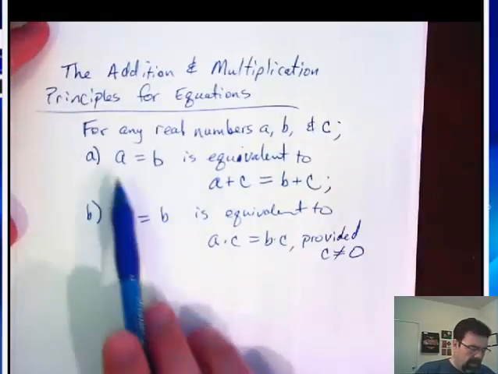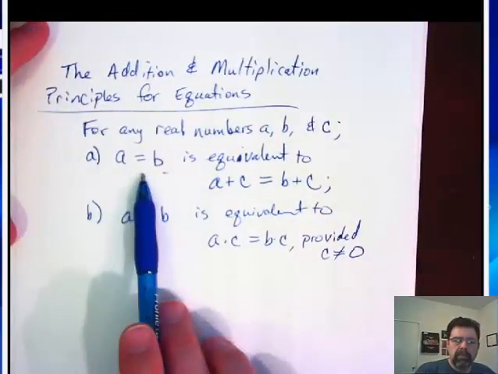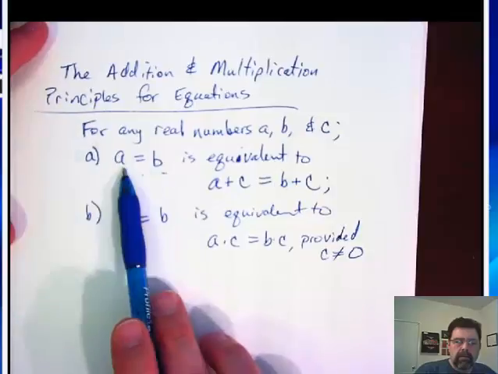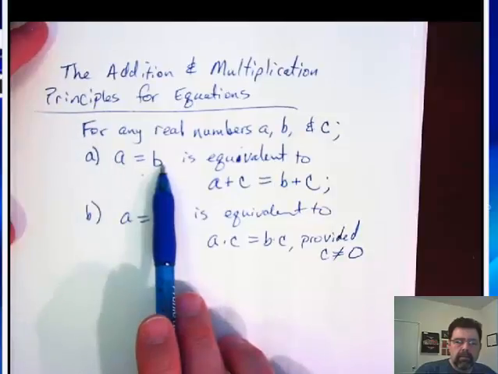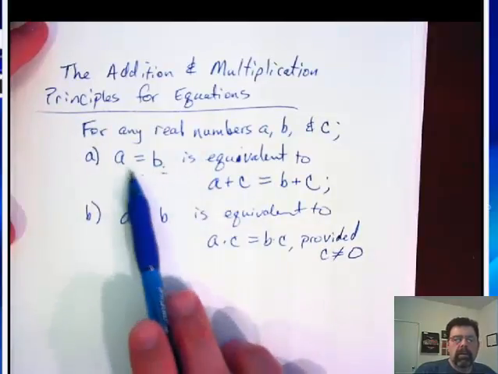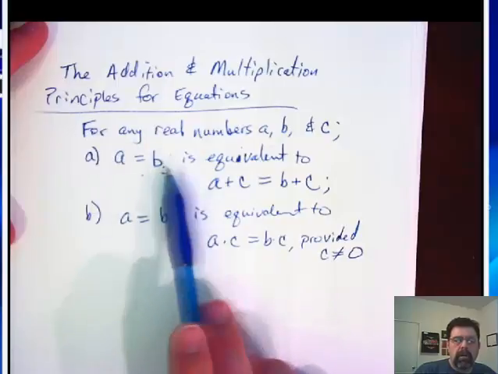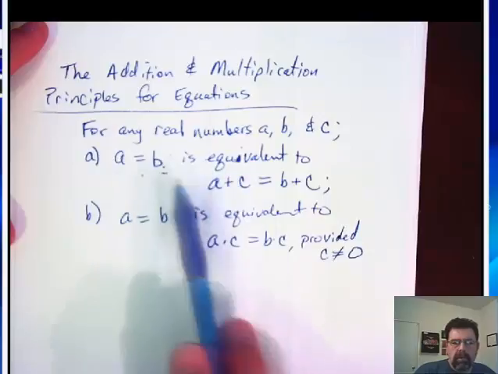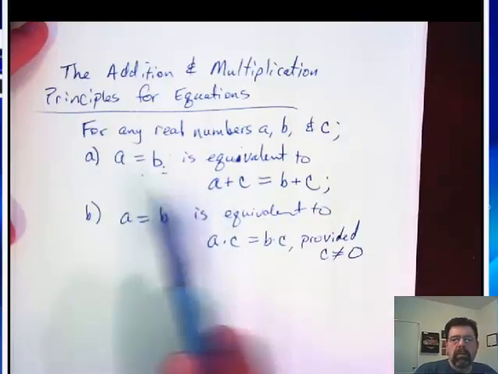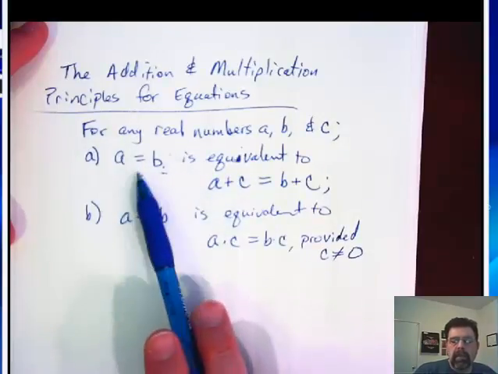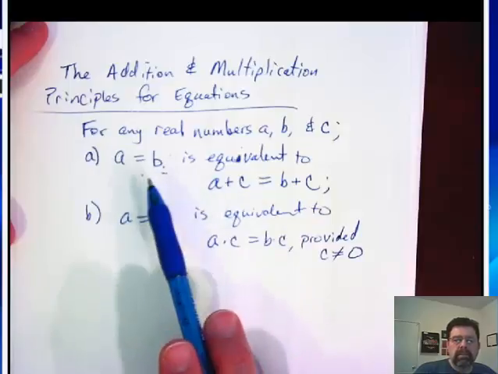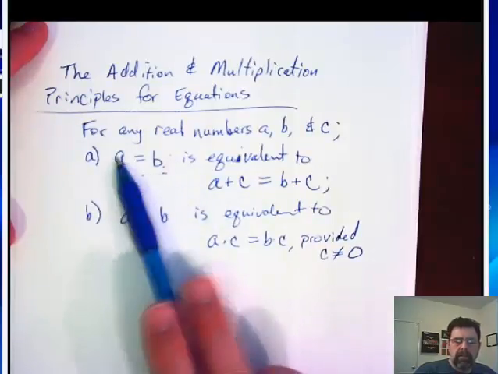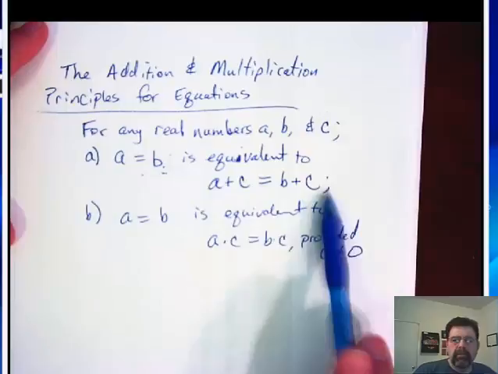Basically, what we're saying is if you have an equation that's true, right? So remember, we just defined what it means for two equations to be equivalent. So for these two equations to be equivalent, the solution set for this equation has to match the solution set for this equation.